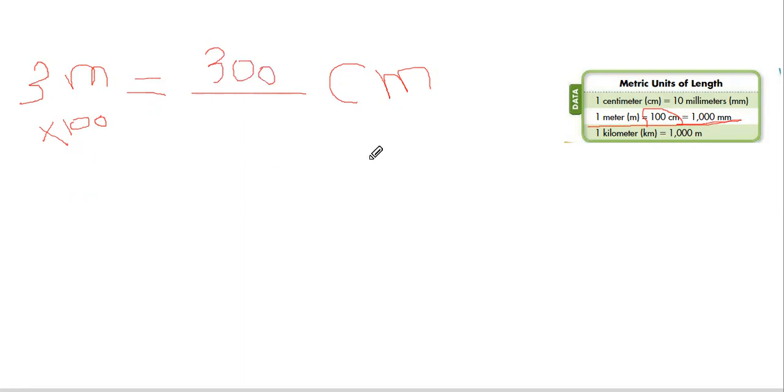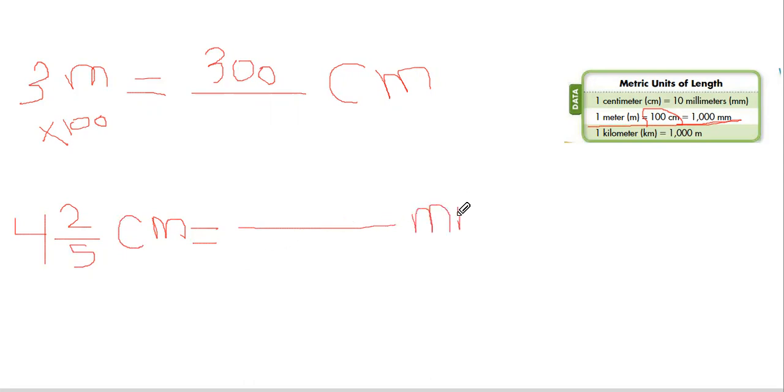And if I told you 4 and 2 over 5 centimeter equals how many millimeter?